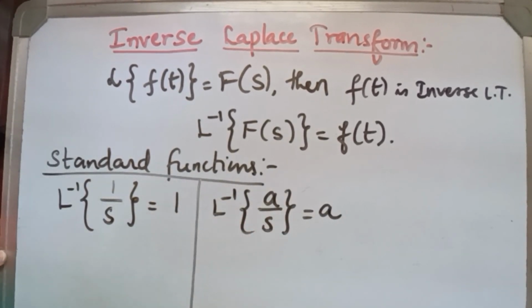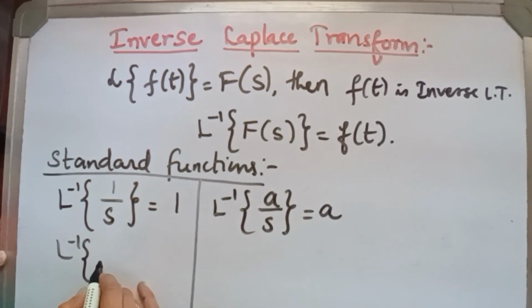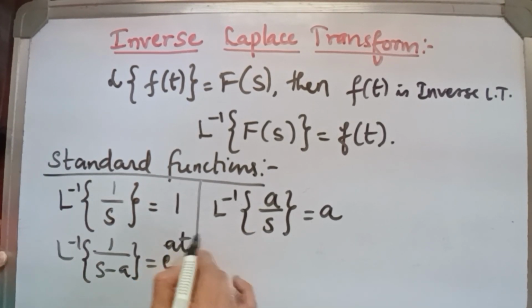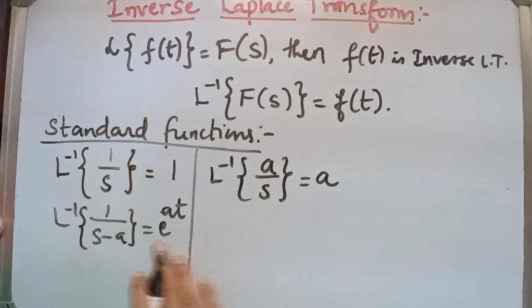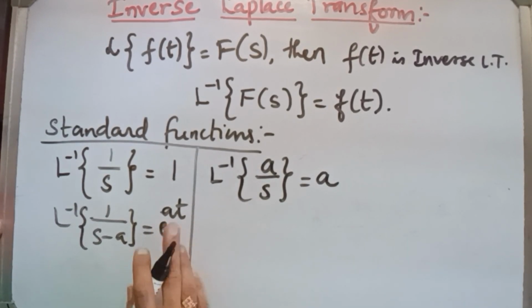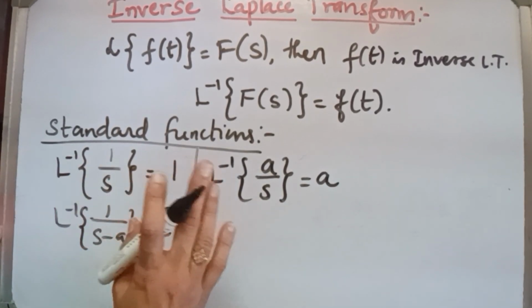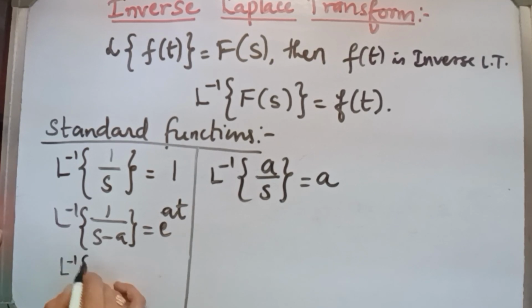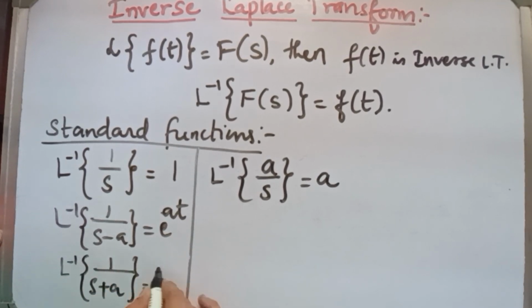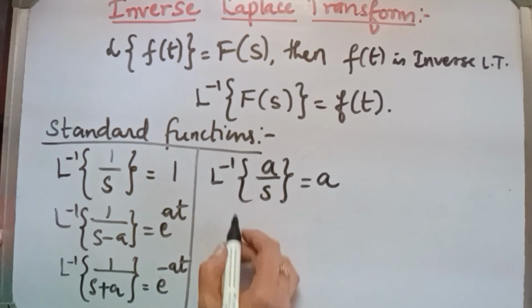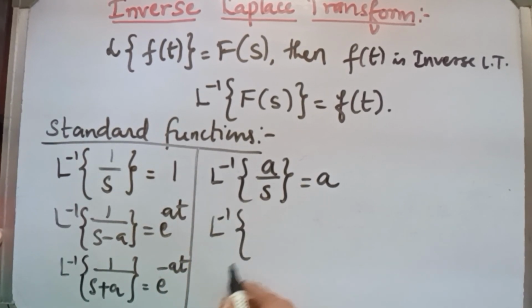Next, inverse transform of 1 by s minus a is e power at. Now the answer is a function of t. In earlier case, the answer was a function of s.